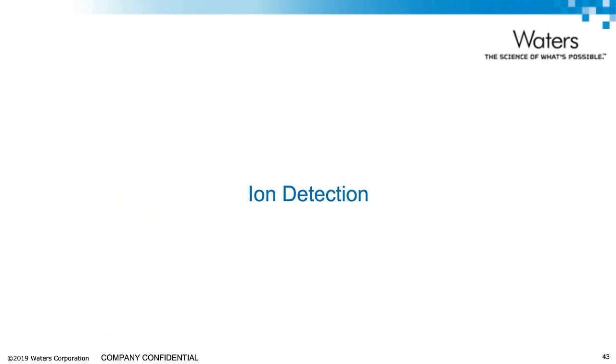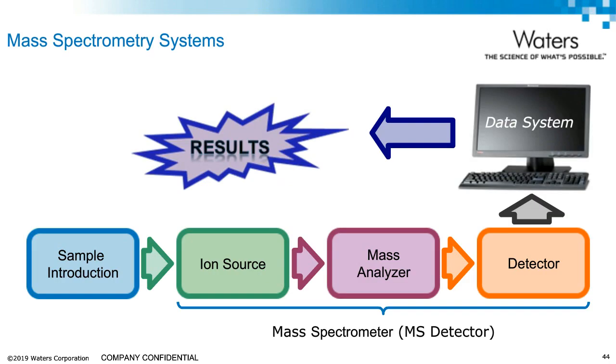Now that we have looked at the common types of mass analyzers found in most modern MS labs, let's turn our attention to how ions are detected in these mass spectrometers. As we mentioned earlier, an MS system can be broken into several parts. On the left, we see the sample introduction mechanism, followed by the mass spectrometer itself, and lastly, the data system, which acquires the data from the mass spectrometer, processes it, and generates results.